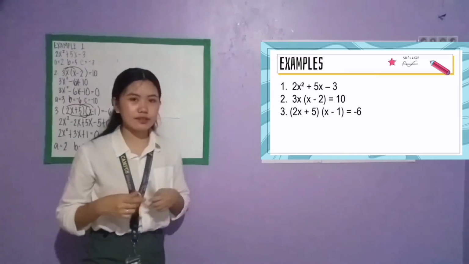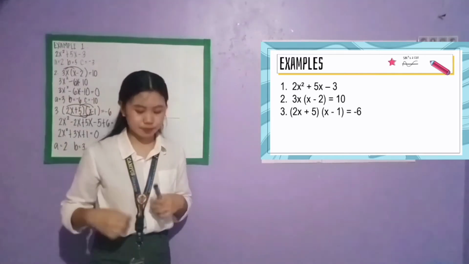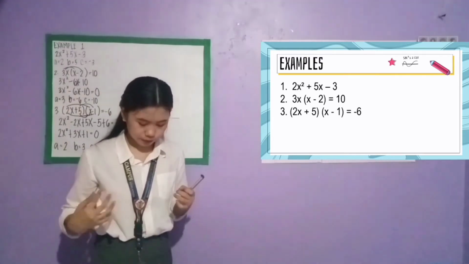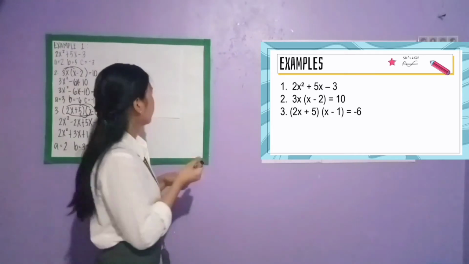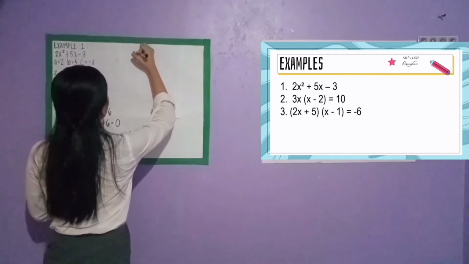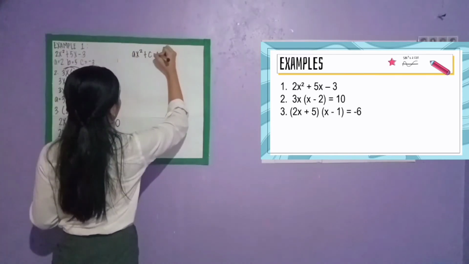How about when B is 0 in the equation ax squared plus bx plus c is equal to 0? It results to a quadratic equation of the form ax squared plus c is equal to 0.